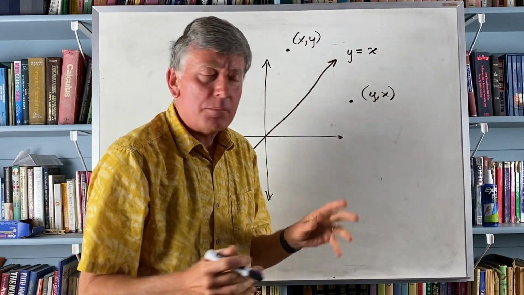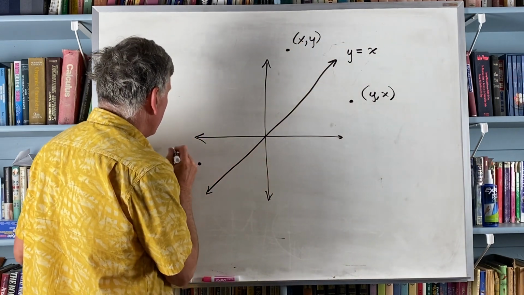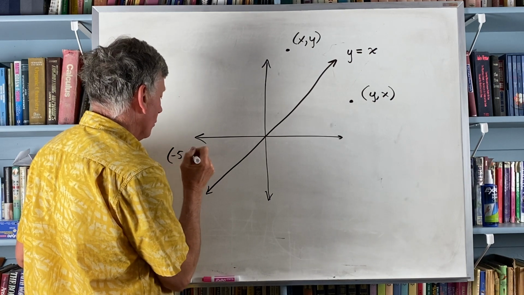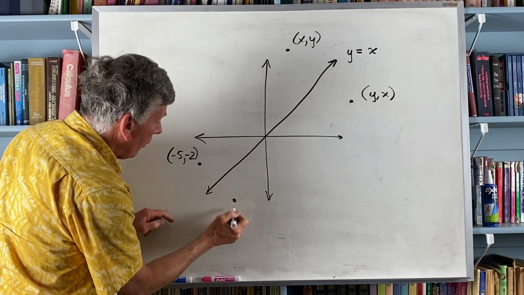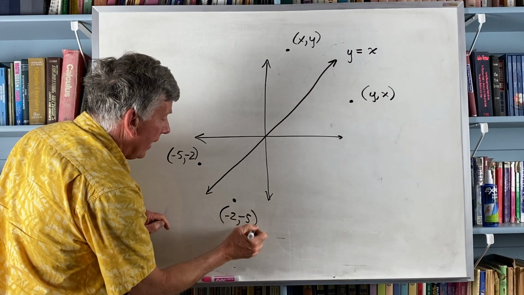It's going to flip. Let's say the point is -5, -2. If I flip around here, this point is going to be -2, -5.